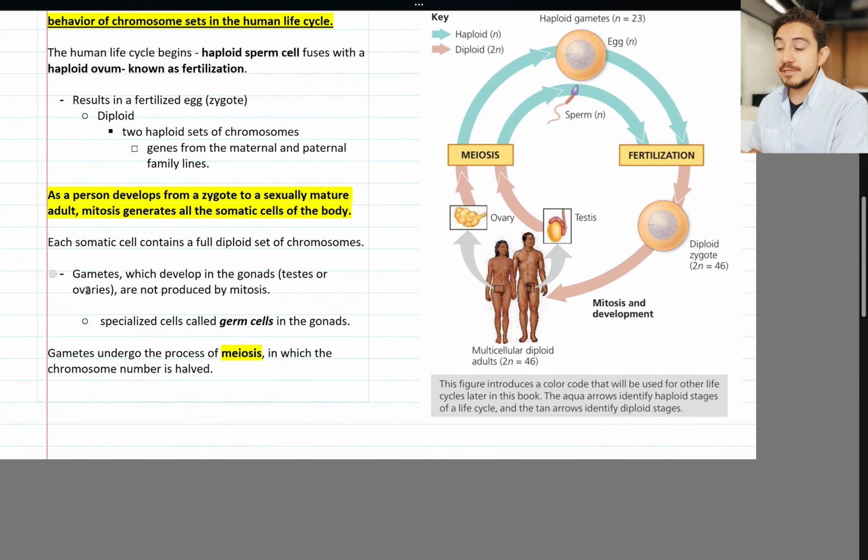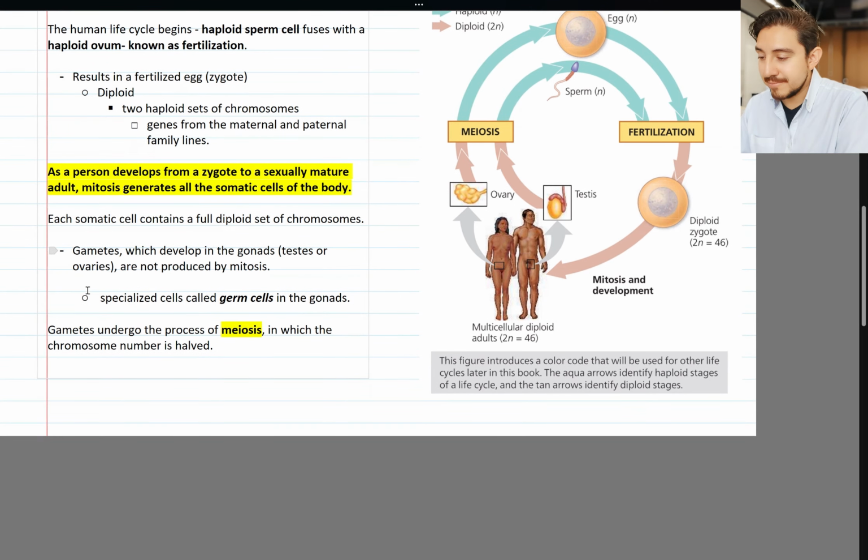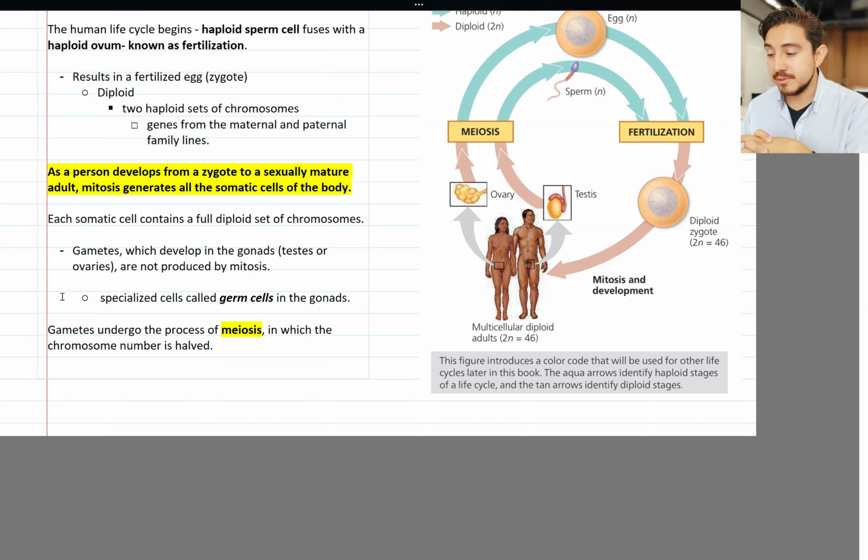So as a person develops from a zygote to a sexually mature adult, mitosis will generate all the somatic cells of the body. Each somatic cell contains a full diploid set of chromosomes, as I mentioned before. Now, something about gametes. The gametes develop in the gonads, and the gonads are essentially the reproductive organs of the body. This is the more general term, and it's the testes for males and ovaries for females. The gametes, the sex cells, are not produced by mitosis.